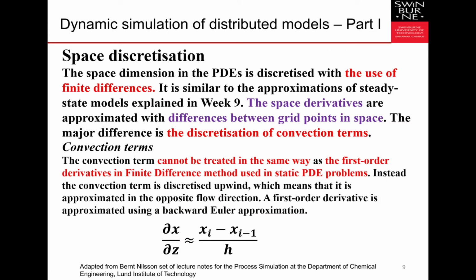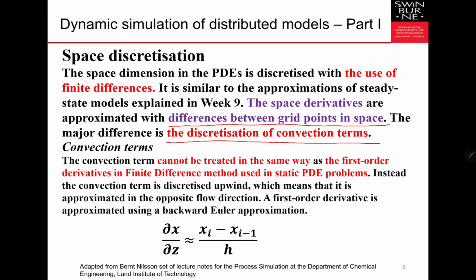The space discretization is the next topic that we want to discuss. Basically everything is similar to week 9, where the space derivatives are approximated with differences between grid points in space. The major difference is the discretization of convection terms.